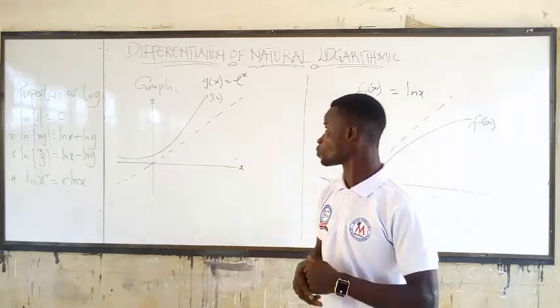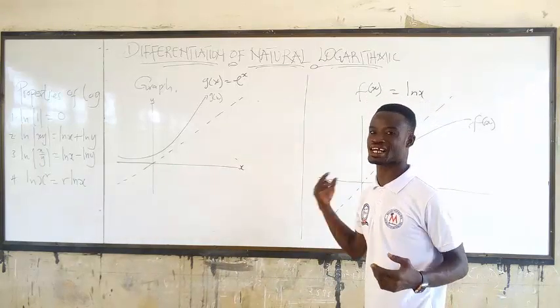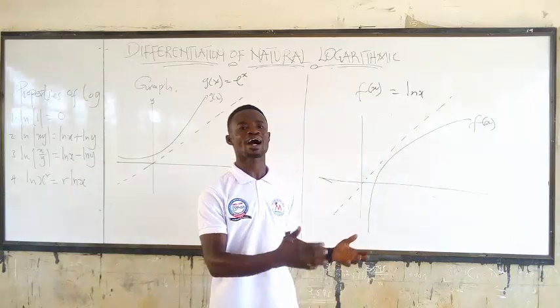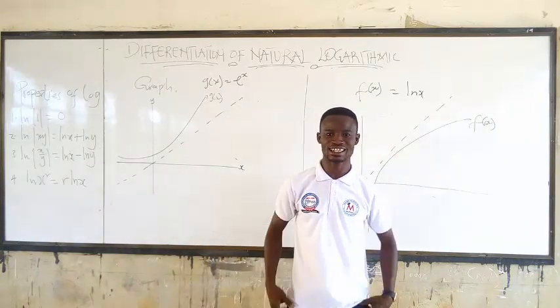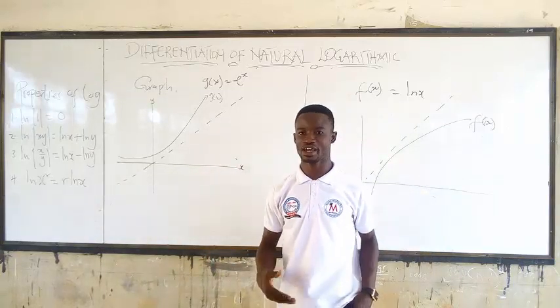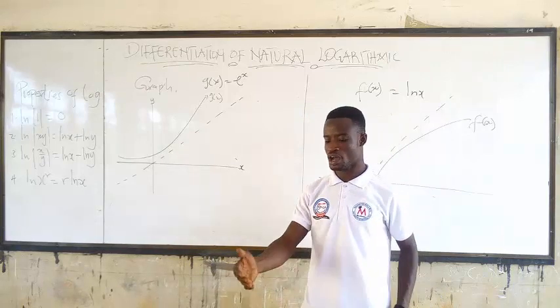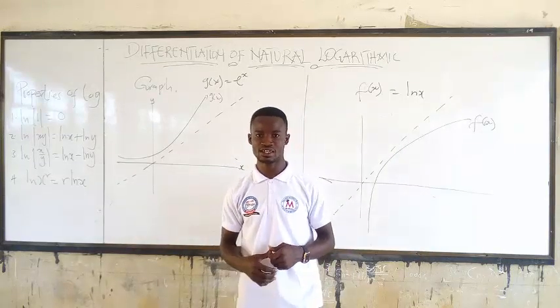Alright. So, before I take you through the differentiation of the natural logarithm, we have to go back and revise some more of the small algebra that we already know from algebra 1, so that it will aid you when we get to take the differentiation of a certain function.